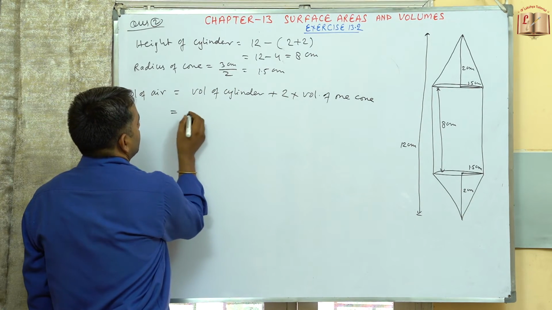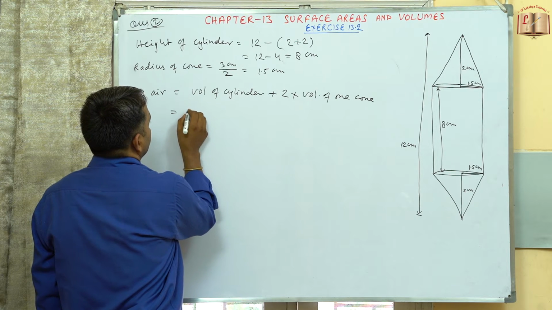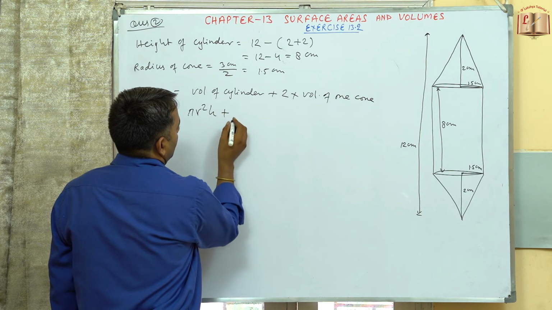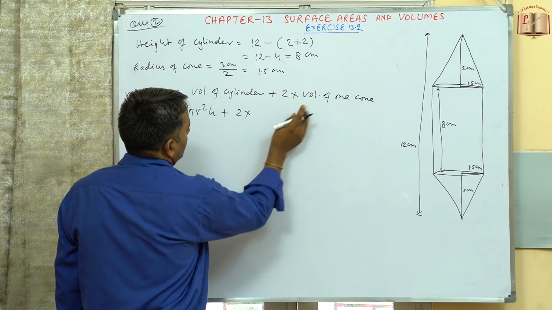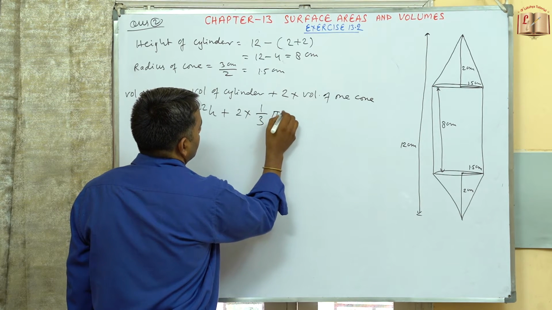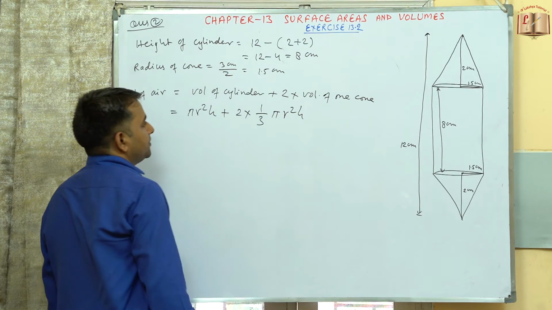So this will be equal to volume of the cylinder, pi r square h, plus 2 into volume of one cone, which is 1 by 3 pi r square h.